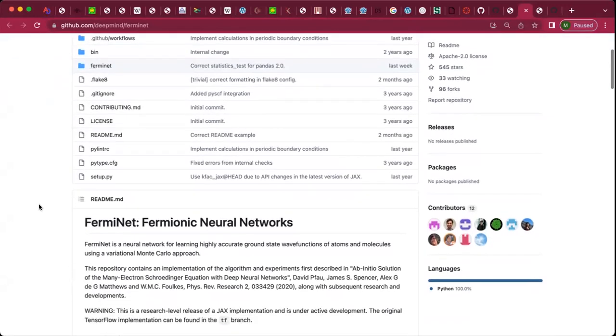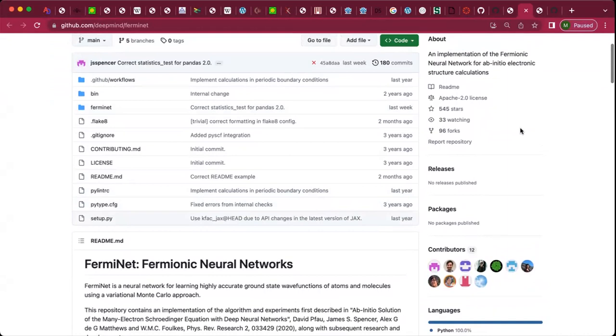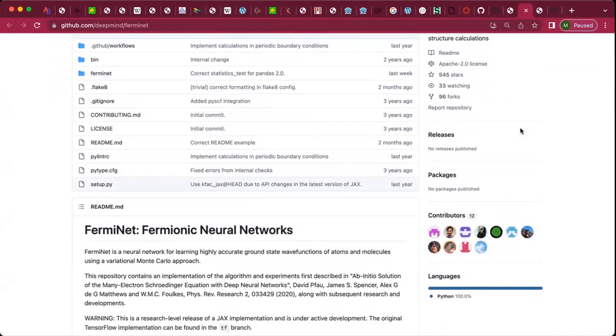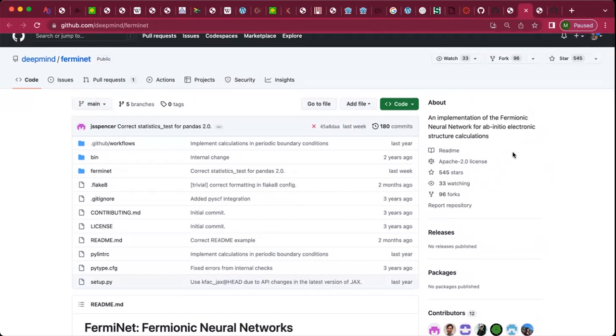You can download it for free if you want to. It's an implementation of the fermionic neural network for ab initio electronic structure calculations. So like this project here, if you wish to, you could download Ferminet and try to use that in order to implement a neural network. That's fully possible.